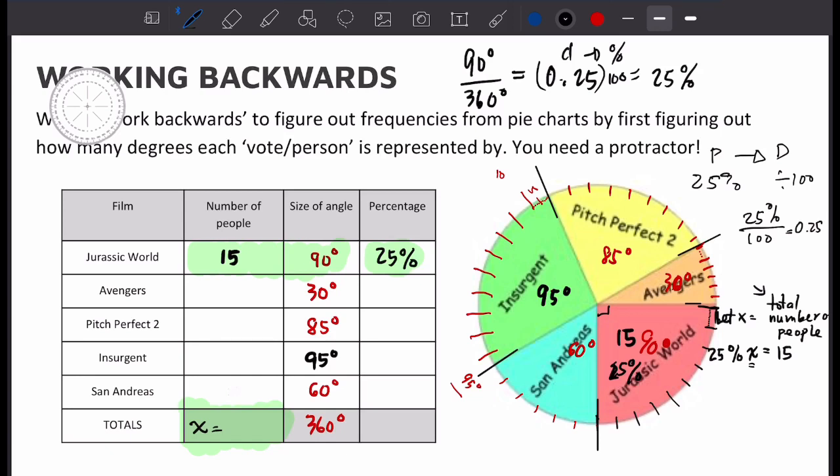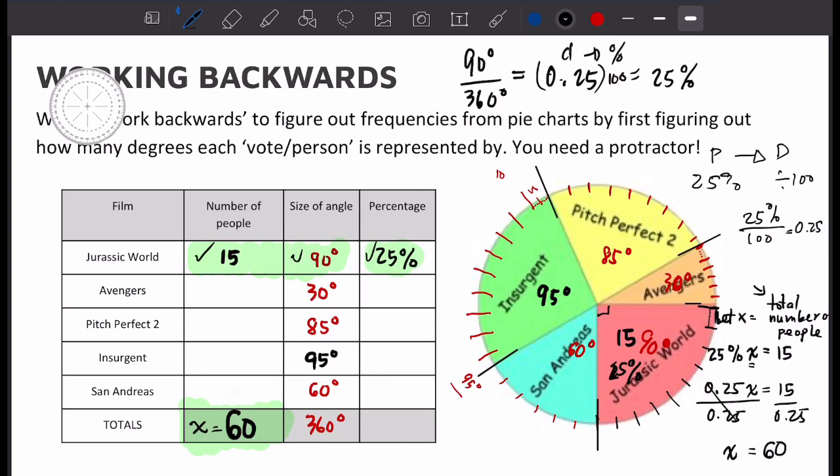So you end up with 0.25 x equals 15. Divide both sides by 0.25, x is equal to 60. So just by using the information here, we were able to calculate that there were 60 people who voted.